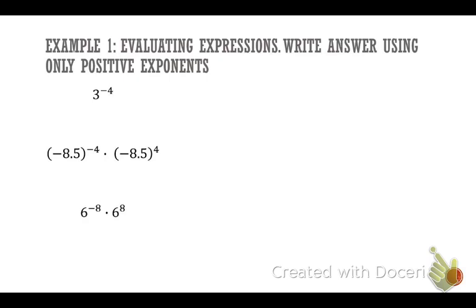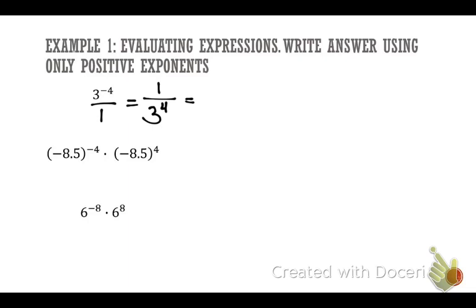So we have to do something to make it positive. Based on what we just did in the previous slide, how can I write 3 to the negative fourth power with a positive exponent? Aaliyah? Yeah, very good. Put it over 1 and flip it. Now it's 1 over 3 to the fourth power, and now I can evaluate that. We've done this exponent quite a few times. Does anybody have it memorized yet? What is 3 to the fourth power? 81.